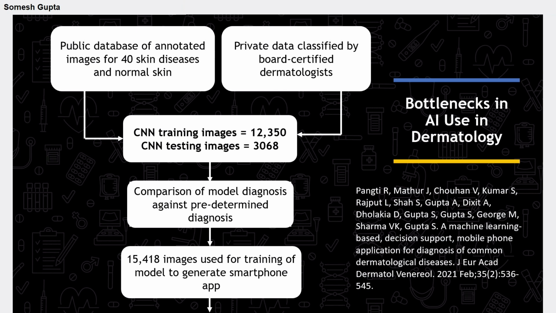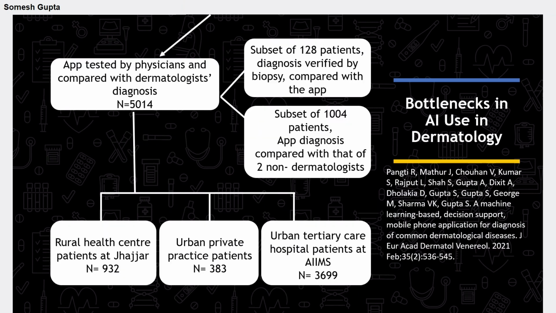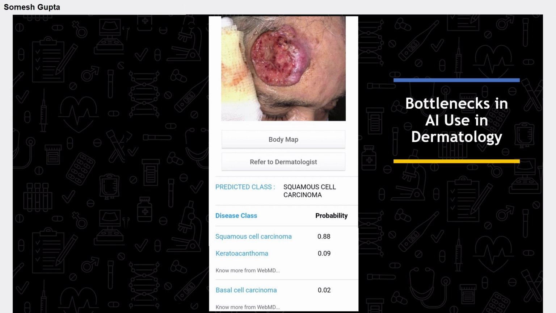We developed this model based on a small number of images, that is 15,000 plus images, and eventually we tested it in 5,000 patients in 3 settings: the rural health setting, urban private practice setting, and urban tertiary care hospital. As you can see, the majority of the patients were from our own hospital, that is 3,699 patients.